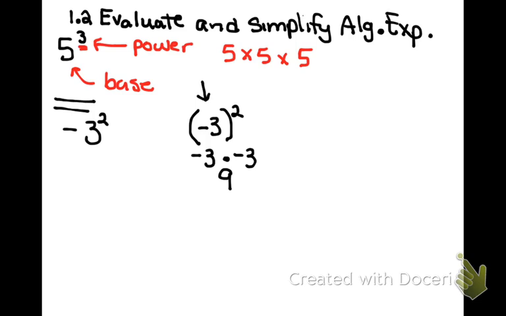Let's go back to the first one. We end up with -1 times 3 times 3, and this answer happens to be -9. So please be very careful with your exponents, your negatives, and watch out for those parentheses.